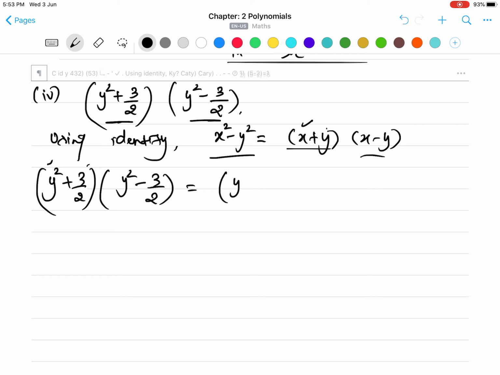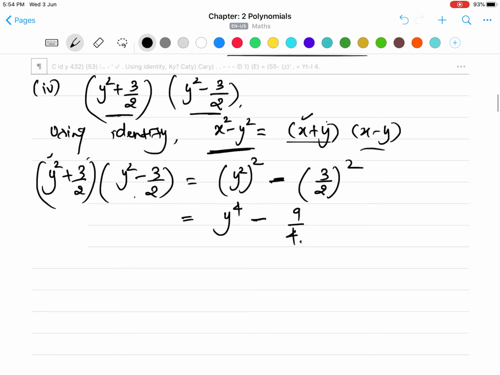First term here is y², that means square of y², then minus square of second term, which is 3/2. I'm not using this sign here, so we'll write only the 3/2, keeping this minus sign outside as given in the identity. So the square of y² will be y⁴, then minus we have 3 square is 9 and 2 square is 4. So the answer is y⁴ - 9/4.